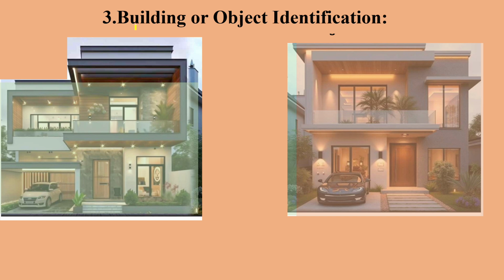Another is building or object identification. Any object can be identified by its physical parameters. If we look at houses in a residential area, even if they have been constructed in a similar manner by the same company, they don't match in physical parameters.